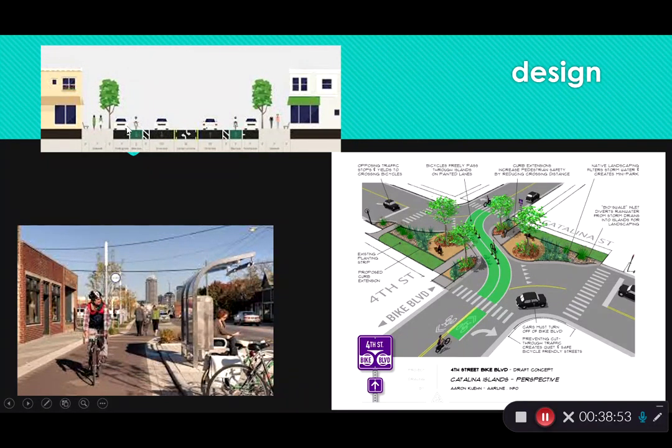Or up here where you have parking on the curb, you have your designated bike lane, you do have a buffer. It's not a physical buffer, but you have a 2 or 3 foot painted stripe between the travel lane and the cycle lane.